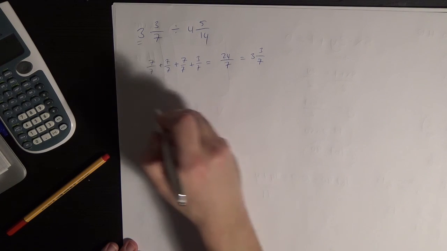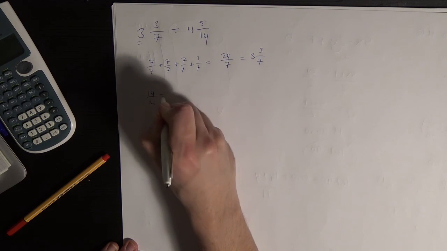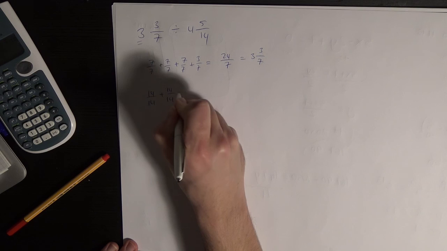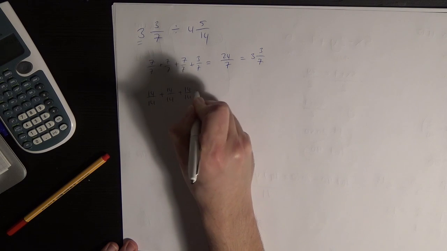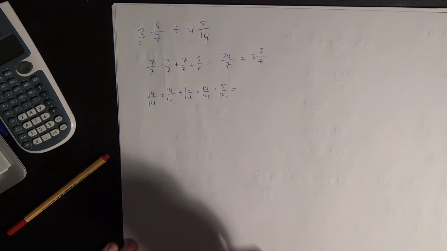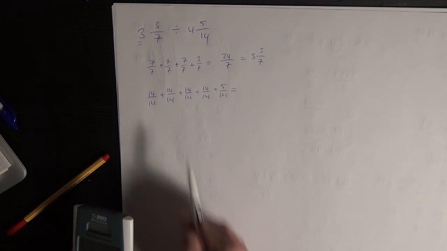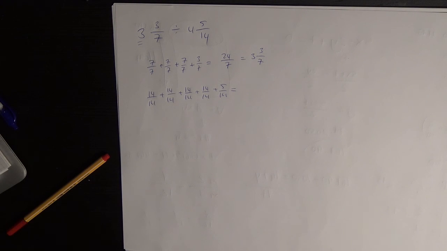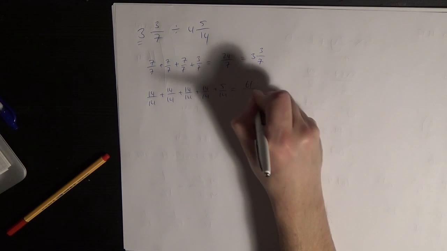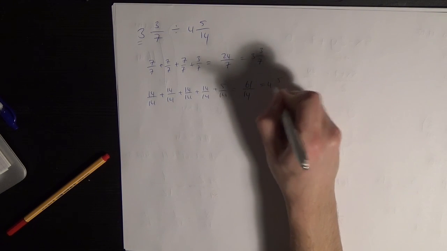And the 4 and 5 over 14 is actually 14 over 14, 14 over 14, 14 over 14, 14 over 14, and 5 over 14. You can of course use your calculator at this stage, right? Because you're adding the same things, it is 61 over 14, which is the same as 4 and 5 over 14.